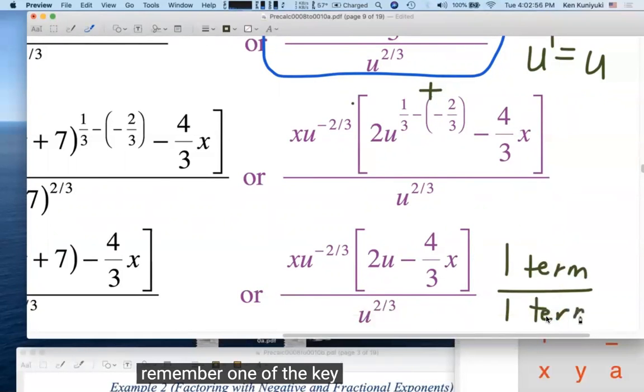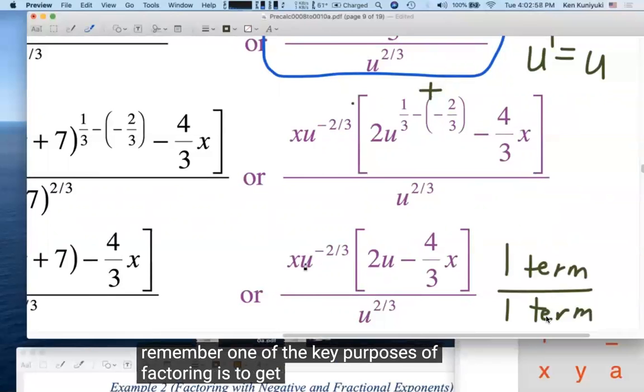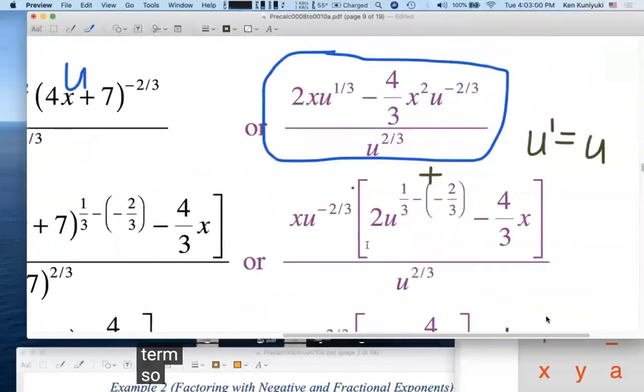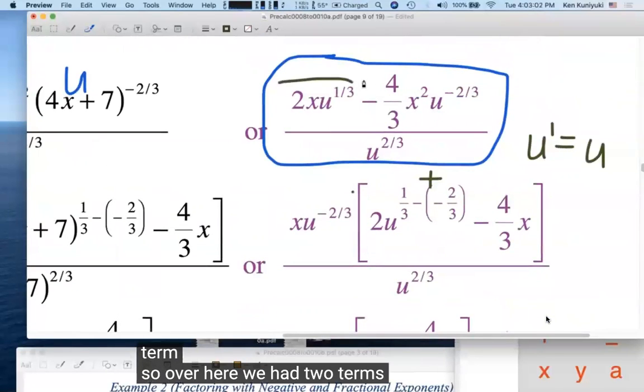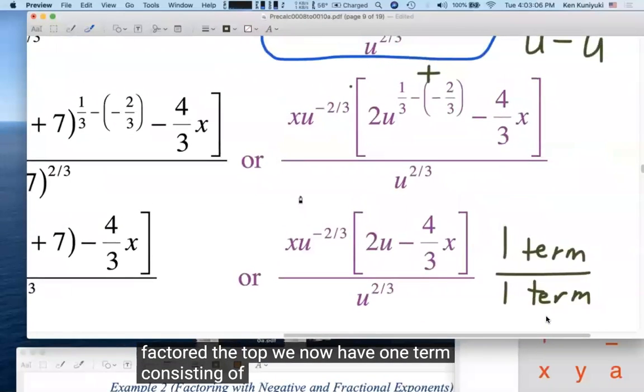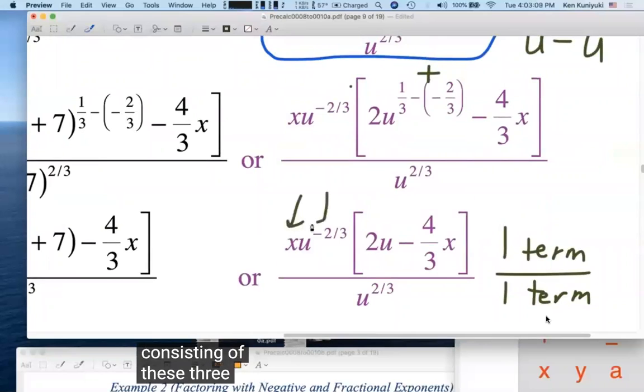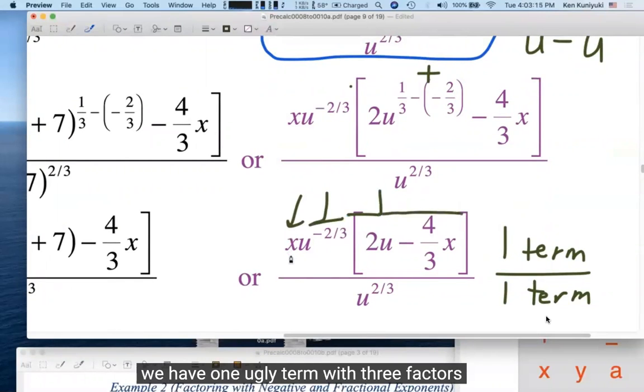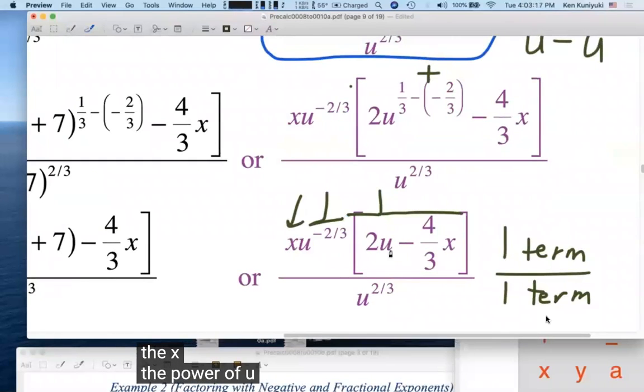Remember, one of the key purposes of factoring is to get everything into one term. So over here, we had two terms, but because we factored the top, we now have one term consisting of these three factors: the x, the power of u, and this thing in brackets.